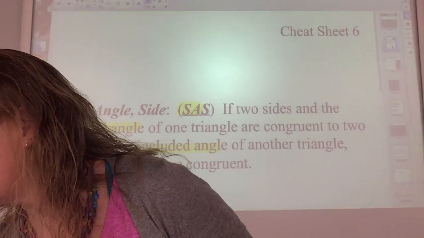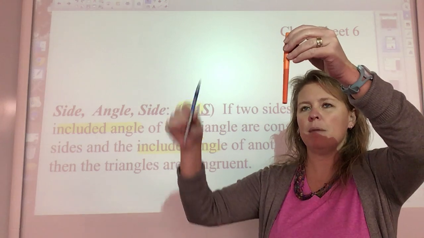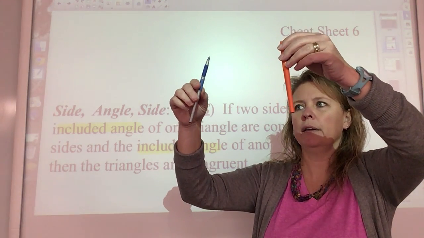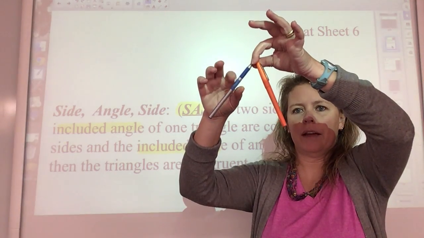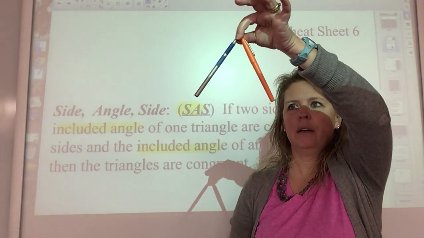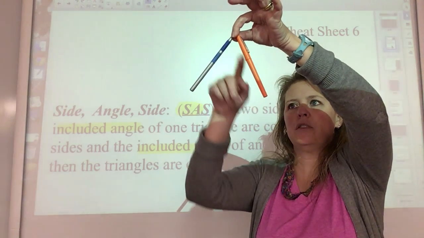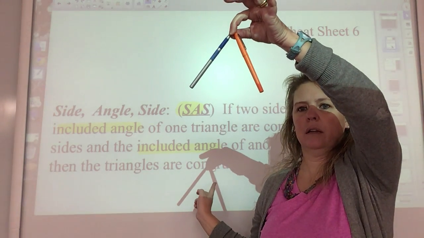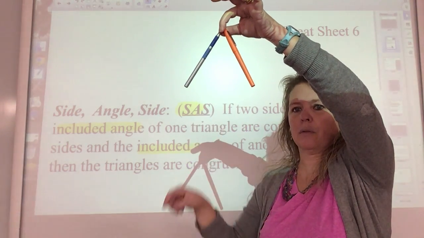So if this is my two sides of my triangle and we say segment AB is congruent to segment XY and the same on the other triangle, this angle that those two sides make at the top has got to be congruent. It could be my two congruent triangles. The shadow is congruent to the actual object.